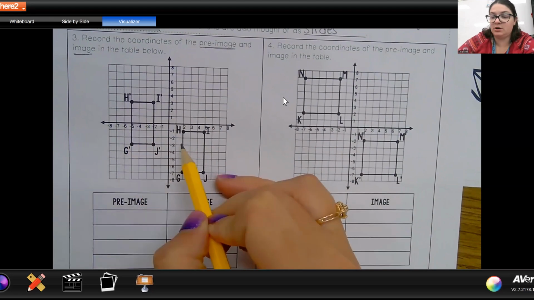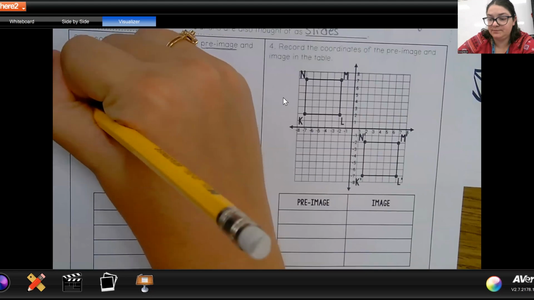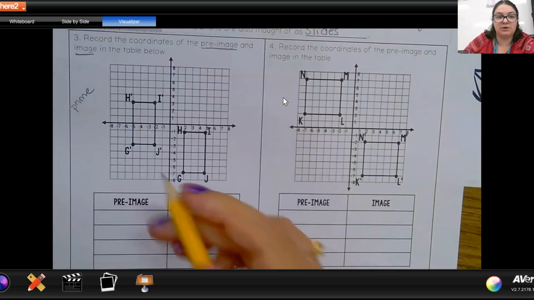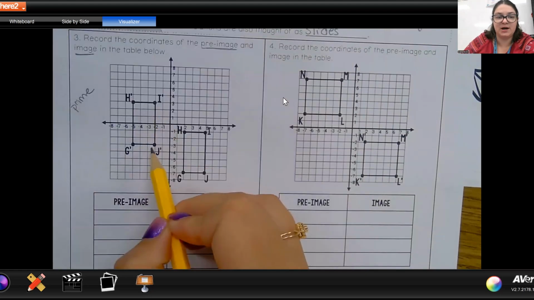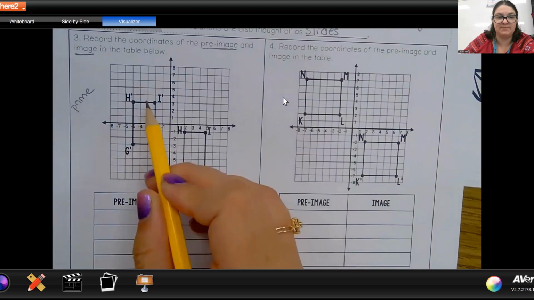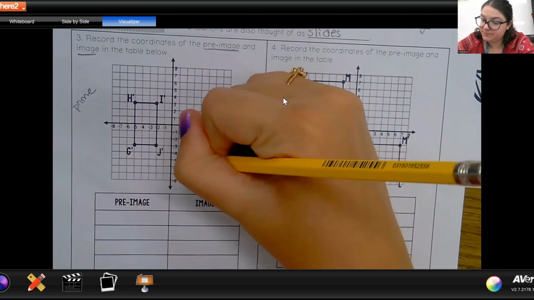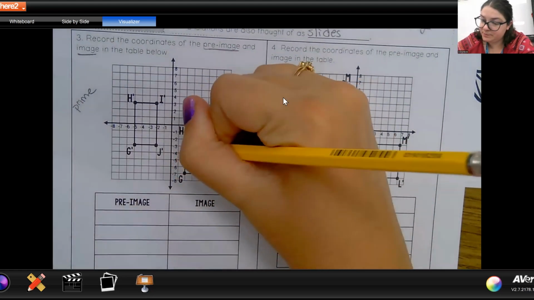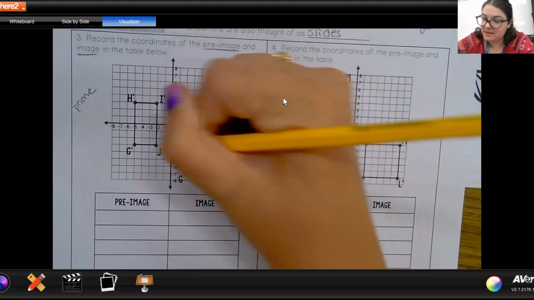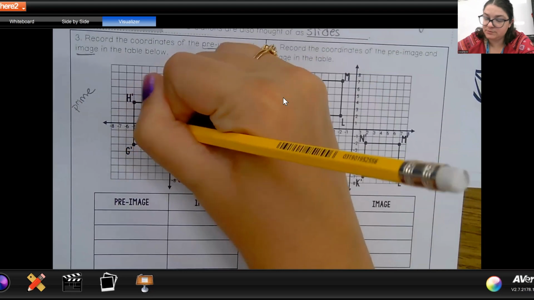This little mark is called the prime symbol. So this is called I prime, J prime, G prime, H prime. This here is our pre-image, and this one is our image.